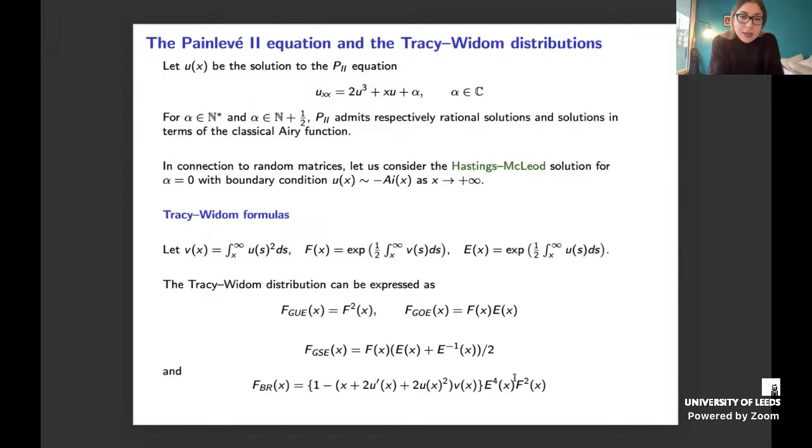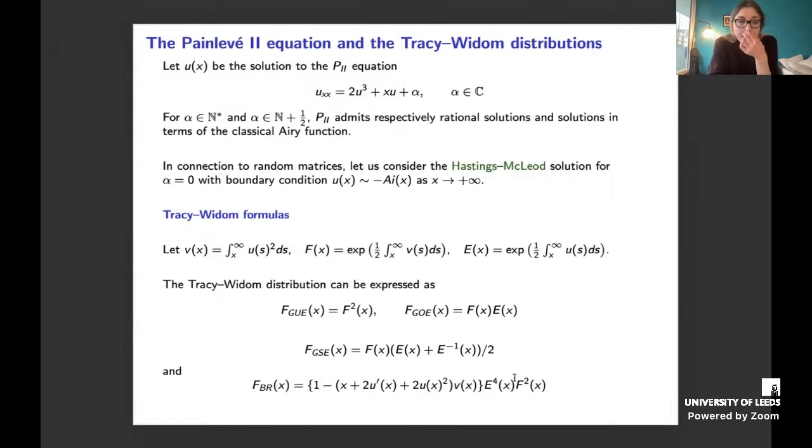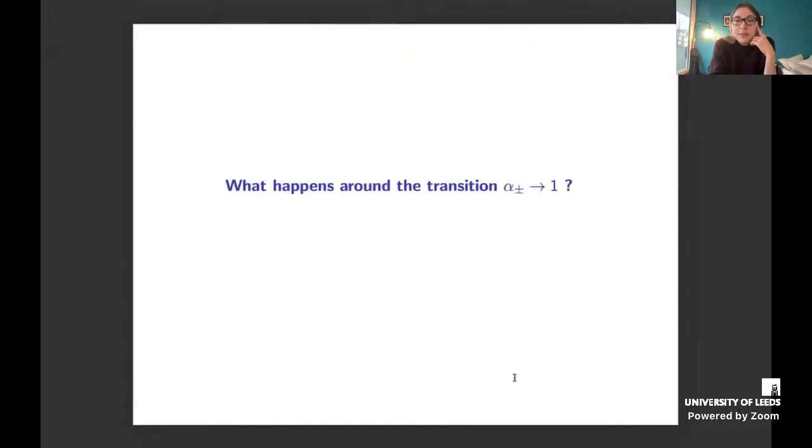Okay. So now we want to understand how this Painlevé 2 solution appears. The Baik-Rains distribution appears when you look at the parameters at the boundary, alpha plus and minus equal to 1. So now we want to understand how this u, this solution to Painlevé 2, appears in the Baik-Rains distribution.